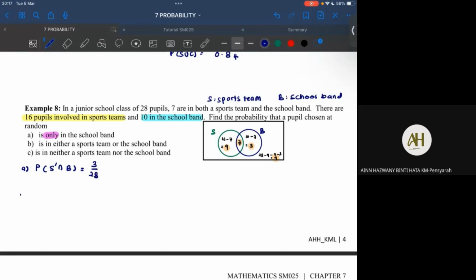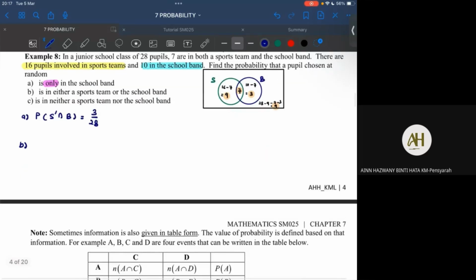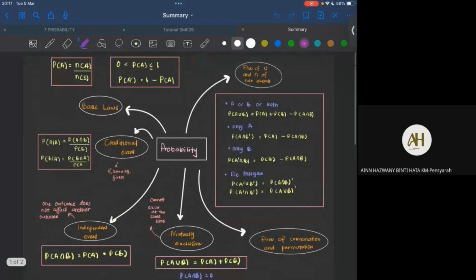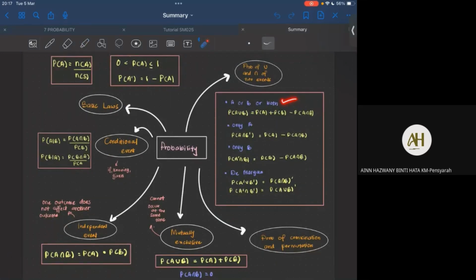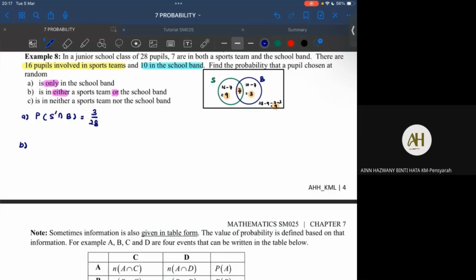Okay, so question B. Is in either sports team or school band. So either or. Either or ialah yang nombor 1 tadi. Okay, ini. Either or both. So basically kita nak cari PS union B. Yang ni tak macam sekali tengok kita punya Venn diagram mungkin tak ada idea nak buat macam mana.